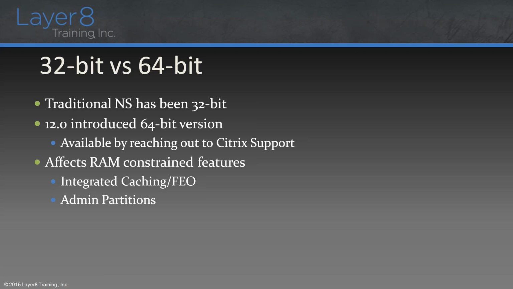If we're talking about integrated caching, storing objects on the NetScaler, that needs RAM, and having access to more RAM can actually increase the viability of that function. Same thing with admin partitions. That really increases the need for RAM, and we can build on that as well. So a couple of things that were RAM constrained, now they're not going to be.